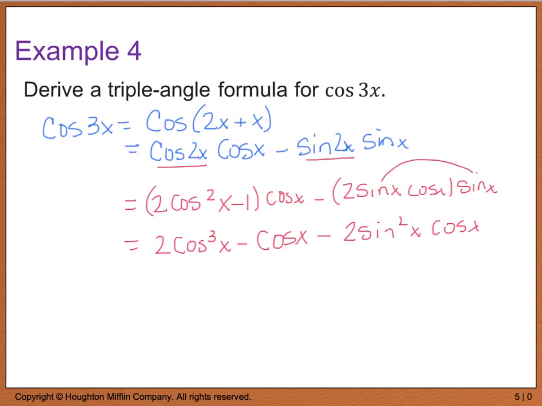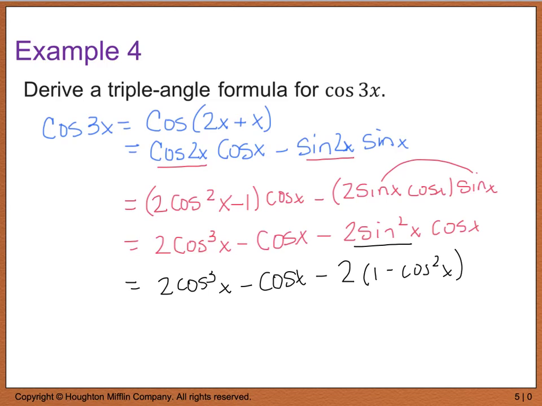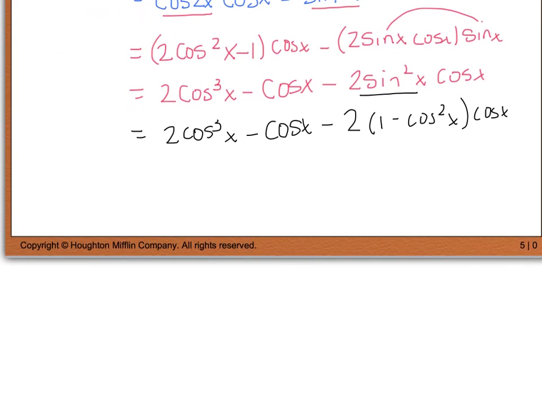And I can't fully simplify this yet because I have this sine piece. So I'm going to convert that to terms of cosine. So 2 cosine cubed x minus cosine x minus 2 times 1 minus cosine squared x times cosine x. And now if I distribute, this is going to give us 2 cosine cubed x minus cosine x minus.